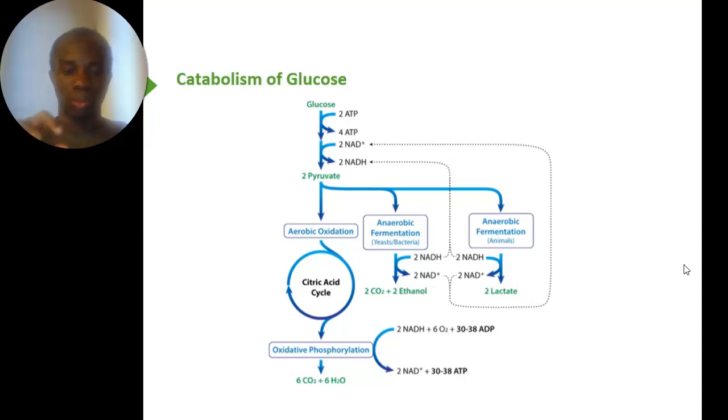But what happens after pyruvate depends on the presence or absence of oxygen. Whether pyruvate will enter into a process of aerobic oxidation in the presence of oxygen, or whether it will enter into a process of anaerobic fermentation in the absence of oxygen. So this is the overview of glucose catabolism.